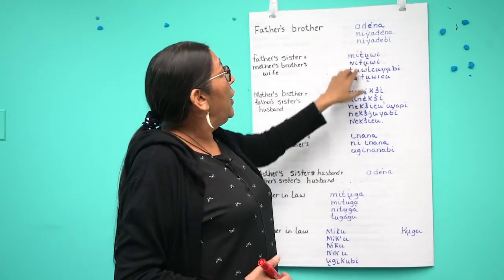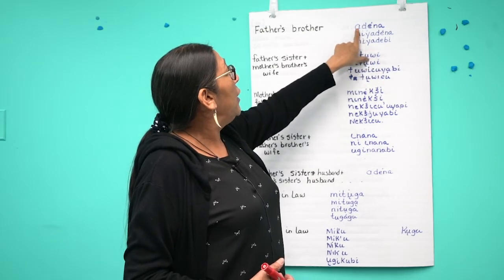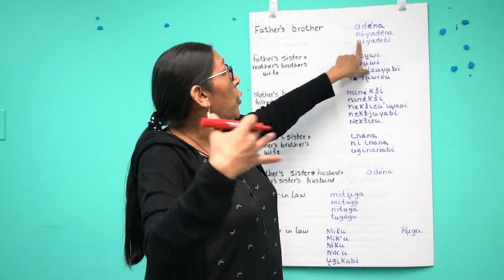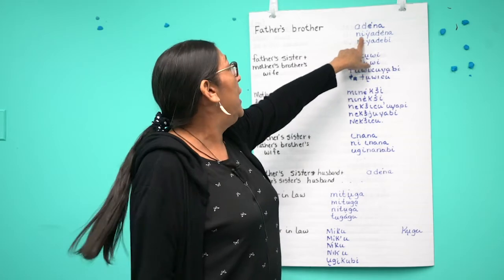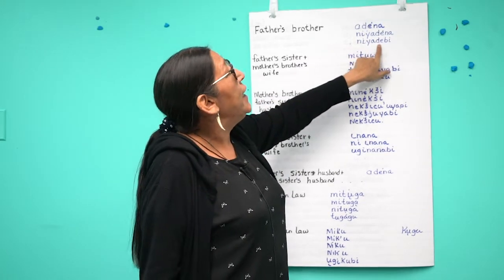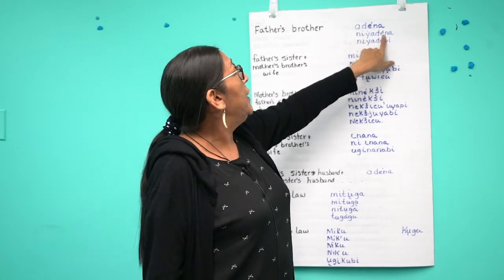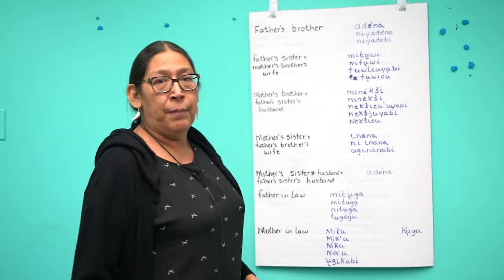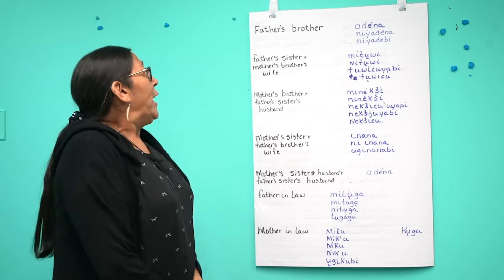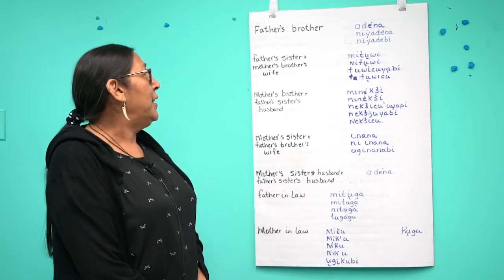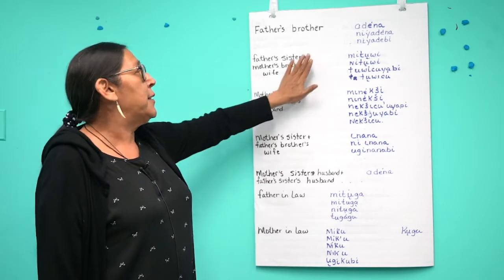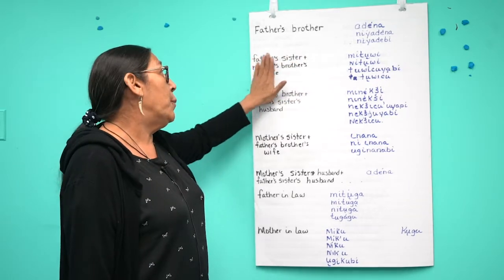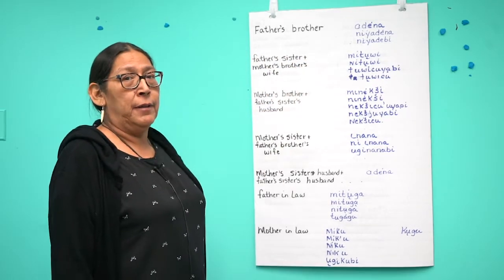And if he's our brother, that would be my brother. And if it's your father's brother, Niadena or Niadebi. Okay, now let's talk about your father's sister and your mother's brother's wife.